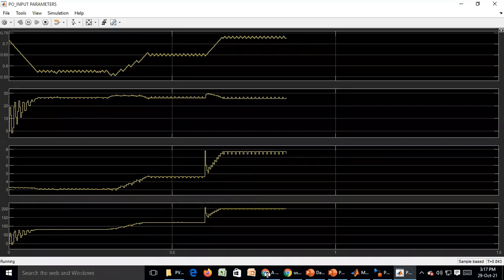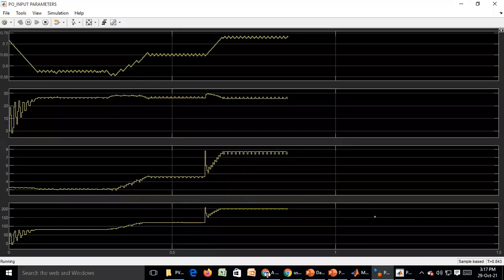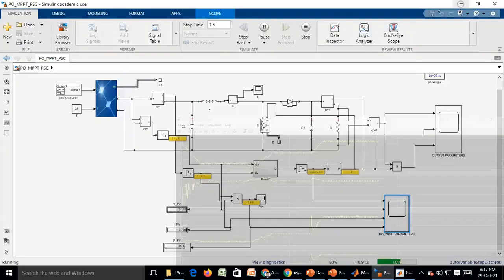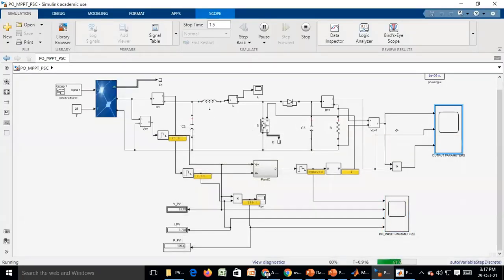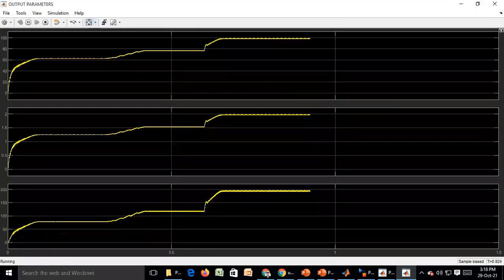So, as I said, the first curve is related to the PWM signals you are giving, the second curve is related to voltage, the third curve is related to the current of PV, and the fourth one is related to the PV output power. So these are the output values of PV. Now, at the same time, let's see the output values of the system, the DC-DC converter.